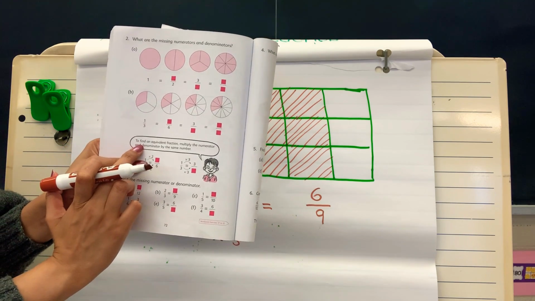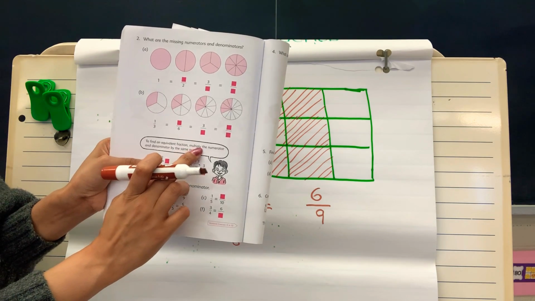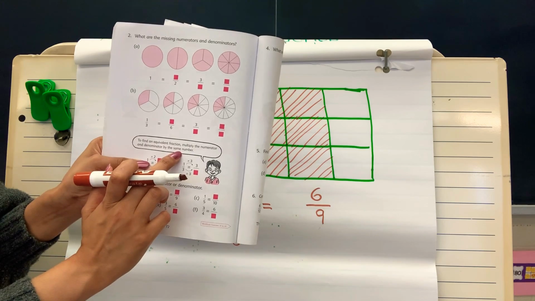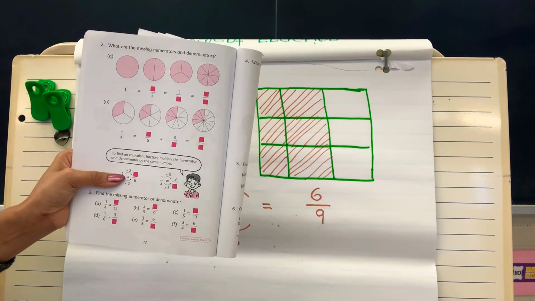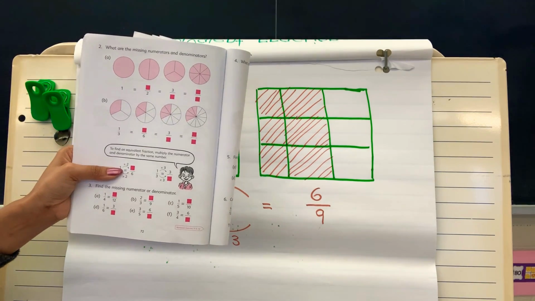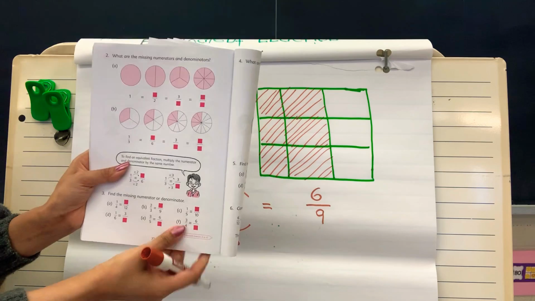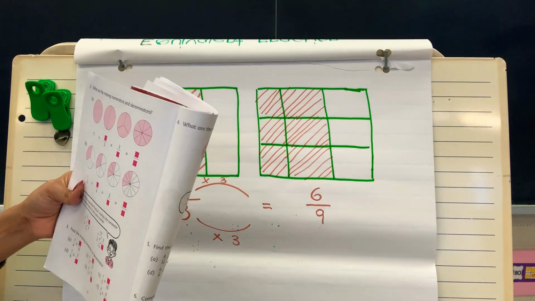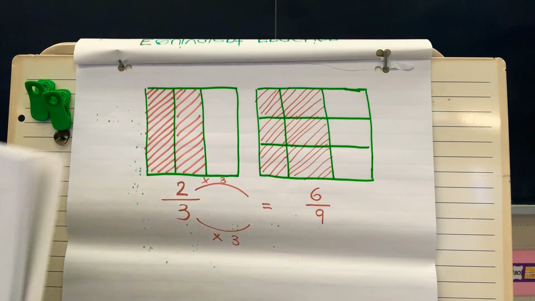Here I'm reading it in your textbook: to find an equivalent fraction, multiply the numerator and the denominator by the same number, okay? So that is what you need to do. And then you are going to move to exercise 32.